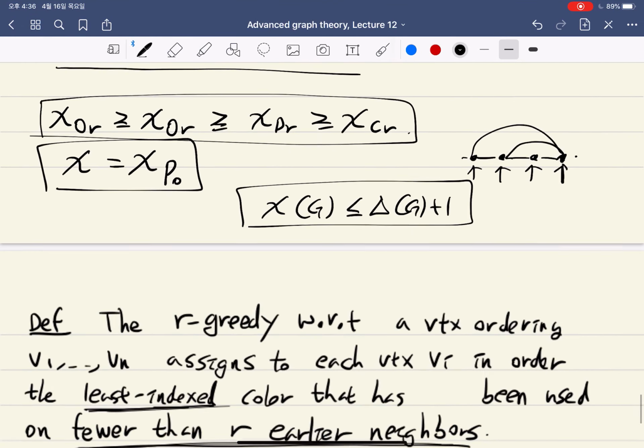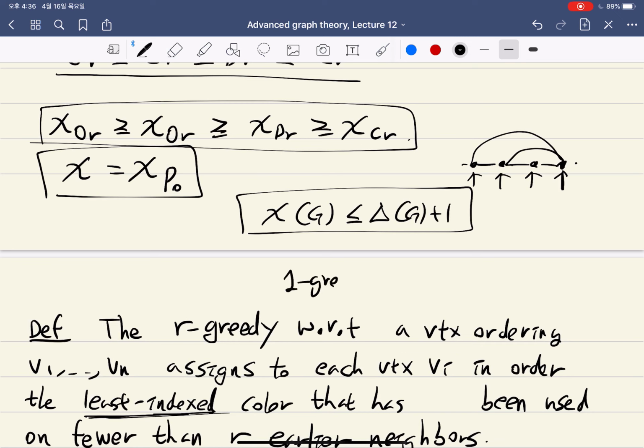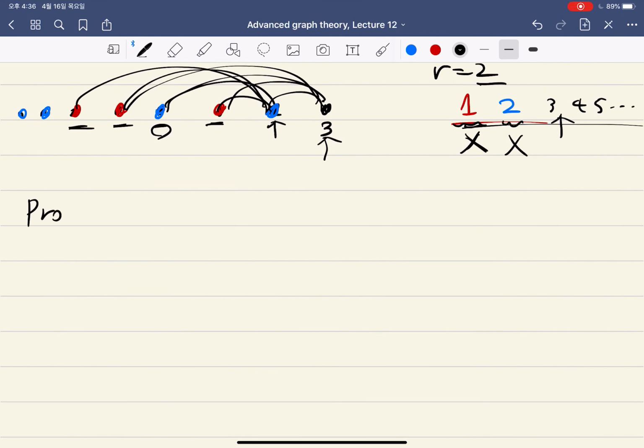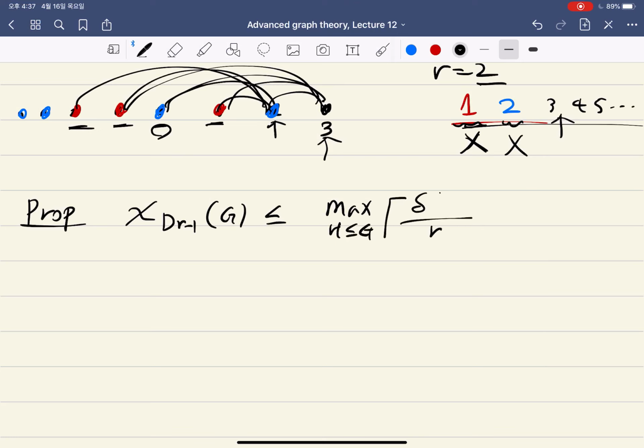If you use one greedy coloring, then you immediately get this upper bound. Then what happens if you use R greedy coloring? Then you can show that this d sub R minus 1 coloring satisfies this.